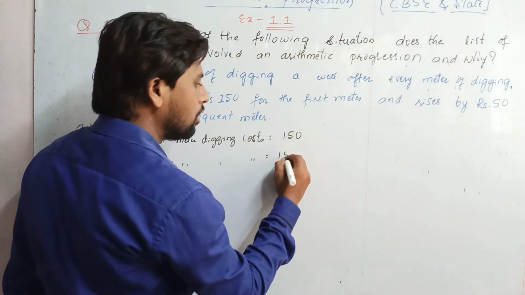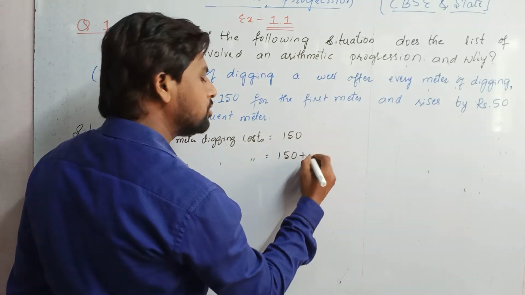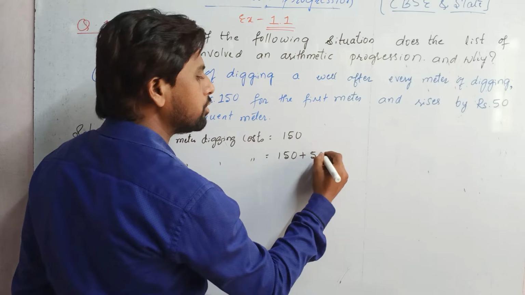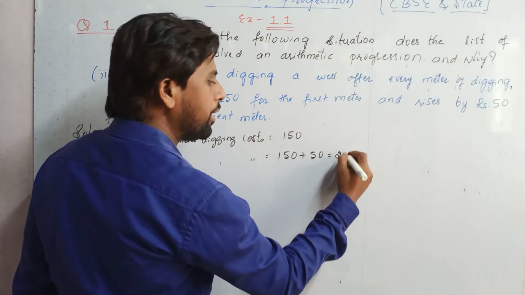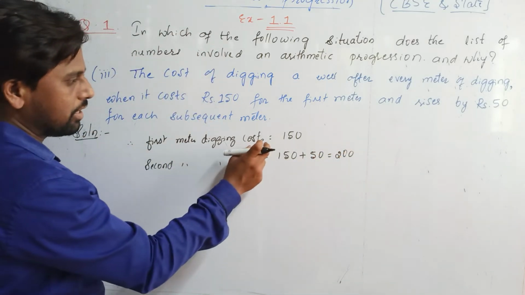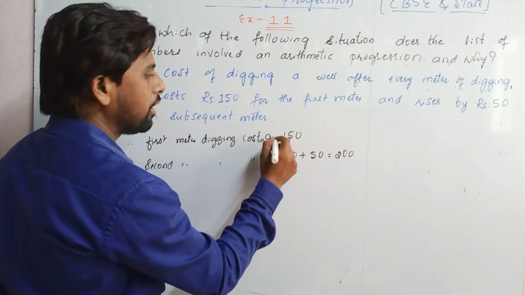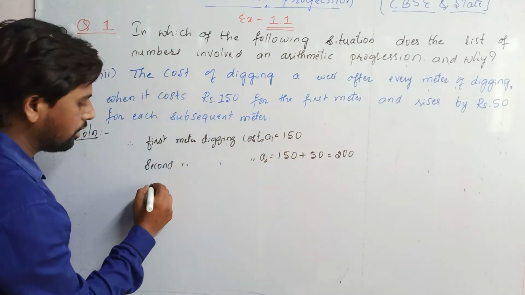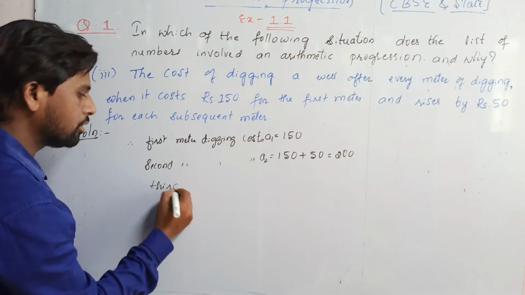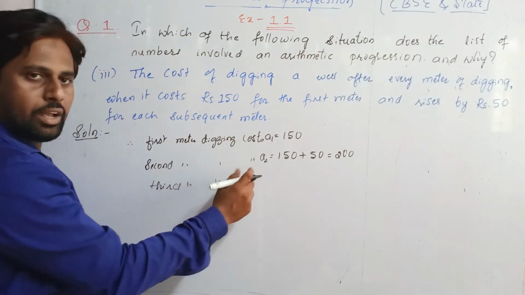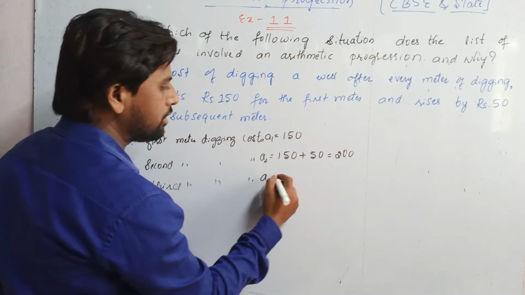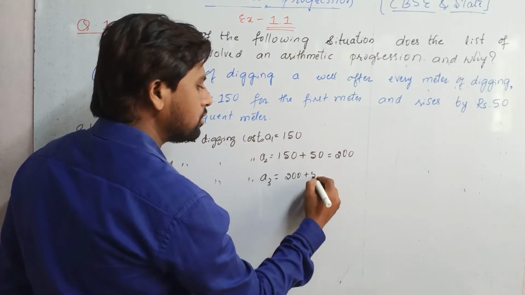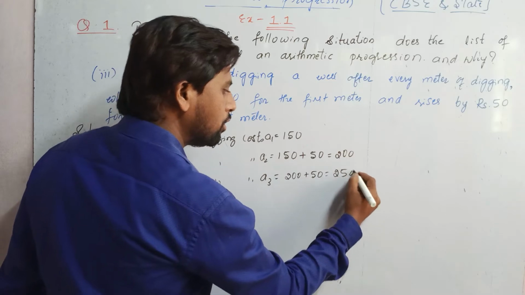It means 150 plus 50 rupees, so it will be 200. Students, we will consider this first meter as A1 and this will be considered as A2. Same thing, the third meter digging costs A3 is equal to how much, students, here? This is 200 plus 50, it means 250.